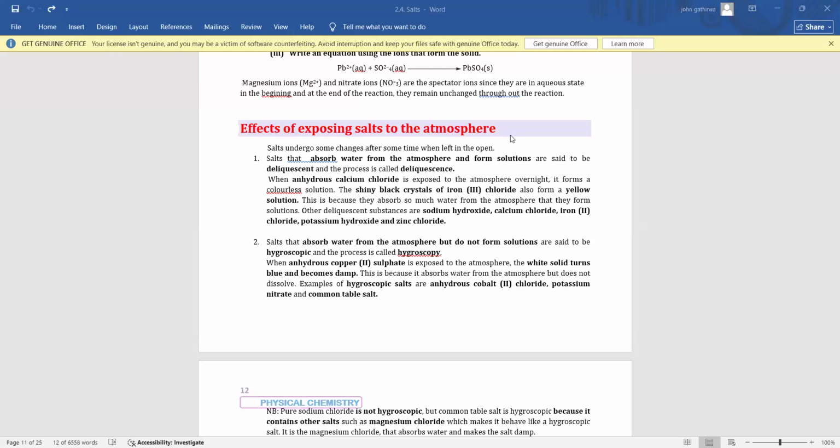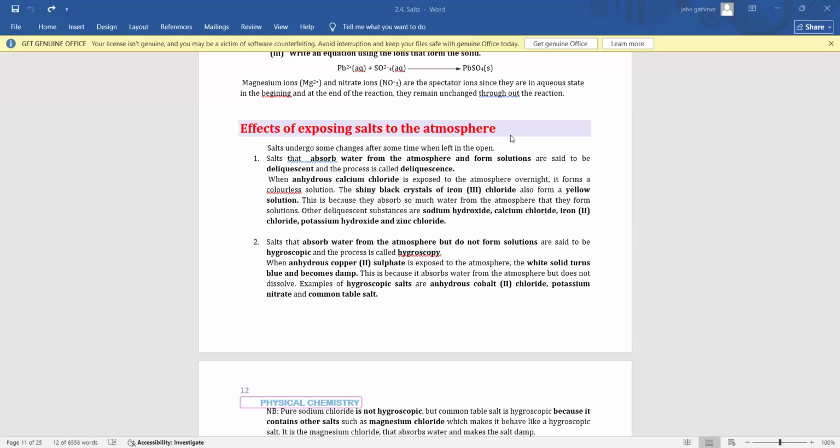Give two simple tests that you would use to distinguish them.